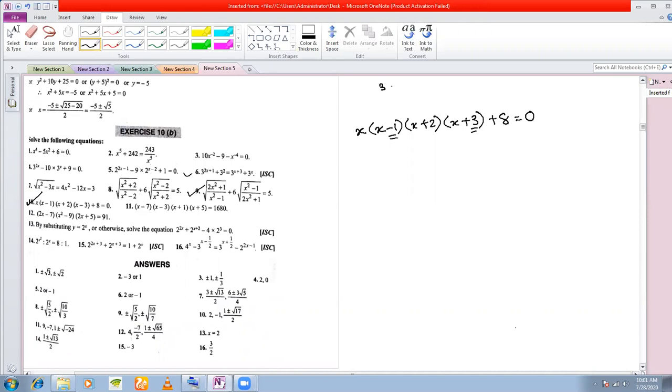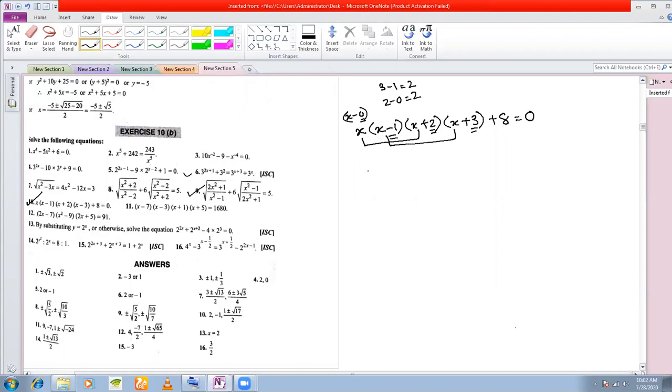What is 3 minus 1? 2. This x means x minus 0, isn't it? And you have a 2 here and a 0 here. So 2 minus 0 is also 2. Which means I will have to group these two together and these two together.